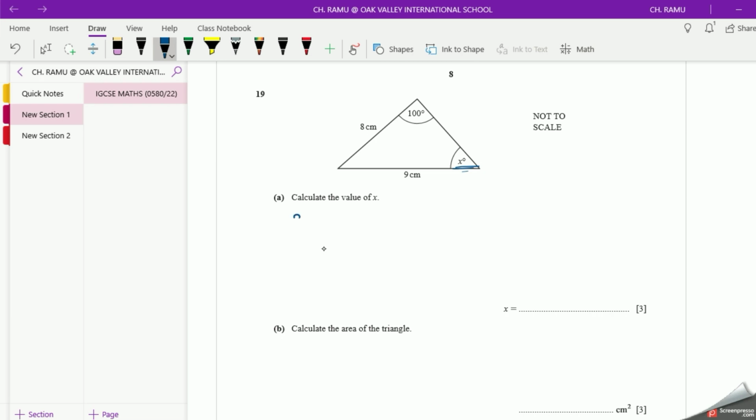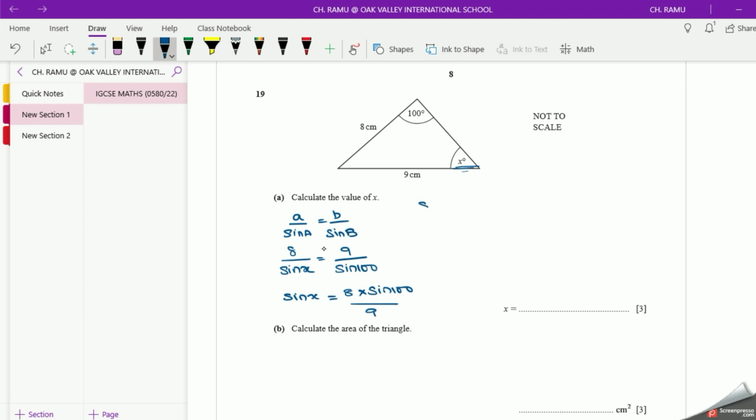So if we take a is 8, by sin x, b is 9 by sin 100. We do the cross multiplication, then sin x is equal to 8 into sin 100 divided by 9.